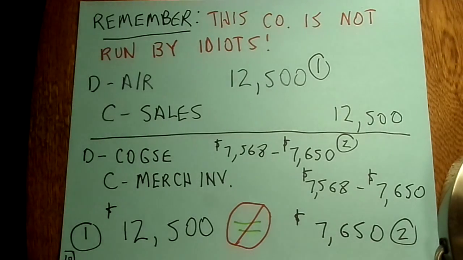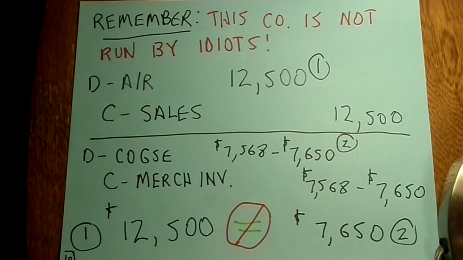So, in summary, remember, this company is not run by idiots. I mentioned it earlier. As a result, the first entry, debiting accounts receivable or cash for $12,500 and crediting sales for $12,500 has to be bigger than the second entry. And indeed it is.